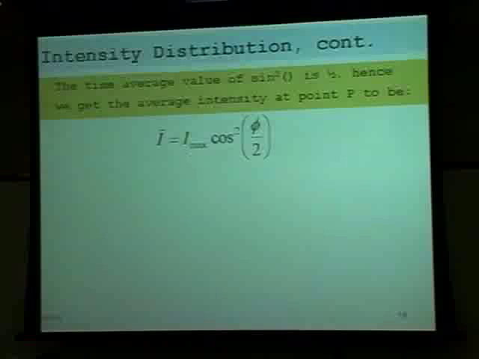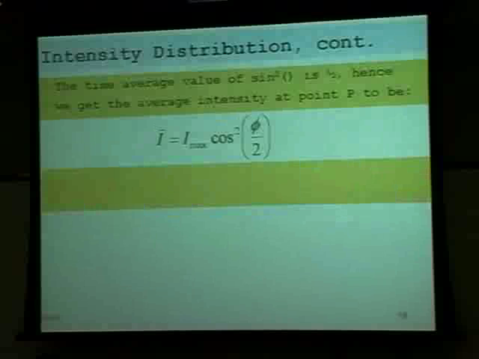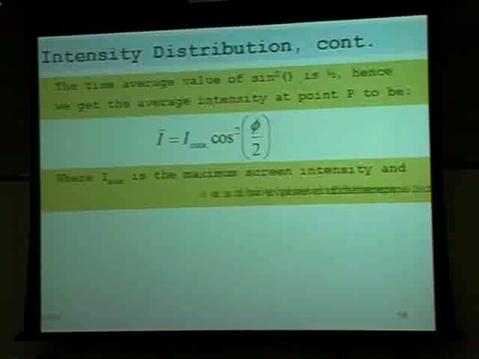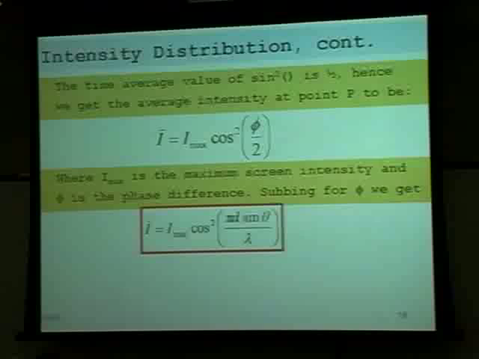Now I can just say it's equal to some maximum intensity cosine squared phi over 2. Phi is the phase difference, so subbing in for the phase difference, we get that the average intensity is equal to some maximum intensity cosine squared pi times d sine theta over lambda.